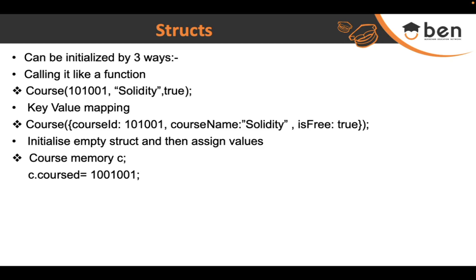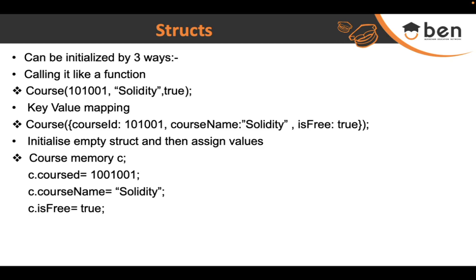We will be discussing the storage types in detail in our upcoming lessons. For now, if you want to store the struct in memory, then you write memory, otherwise you can write storage as well. So Course memory c or Course storage c. Then you can mention all the attributes using c.courseId, c.courseName, c.isFree. So this is the third way of doing it.